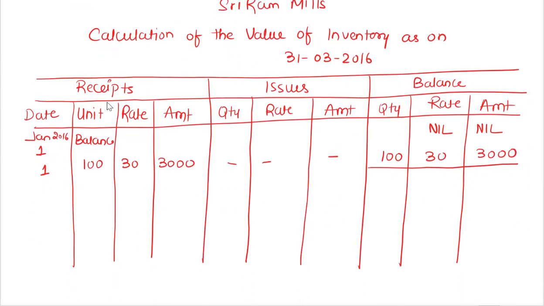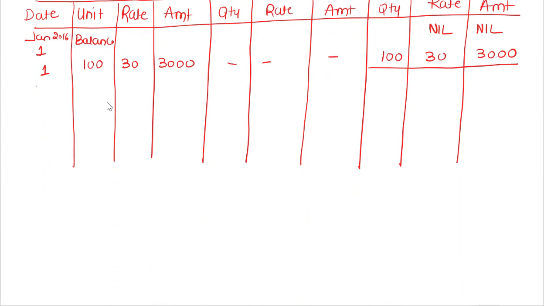15 January issued 50 units. Out of this 100 is available, 50 is issued, so 50 would be the balance.